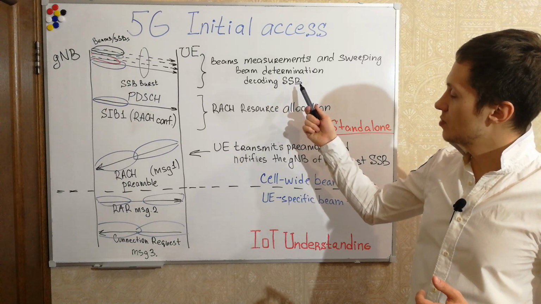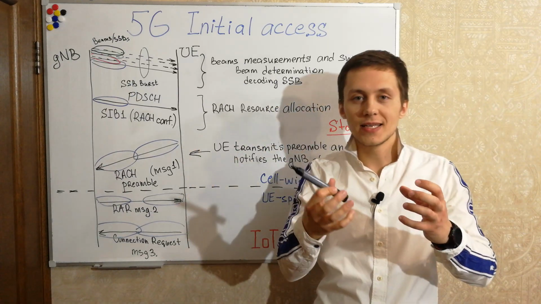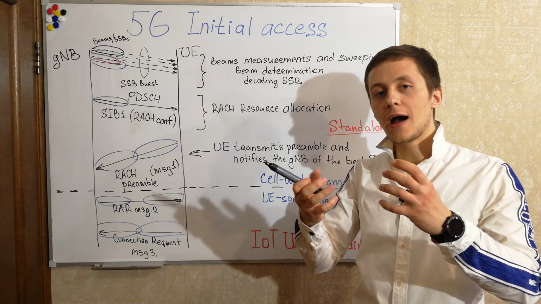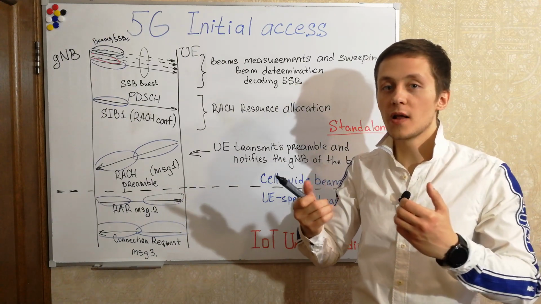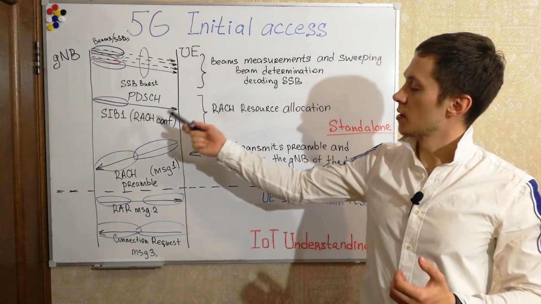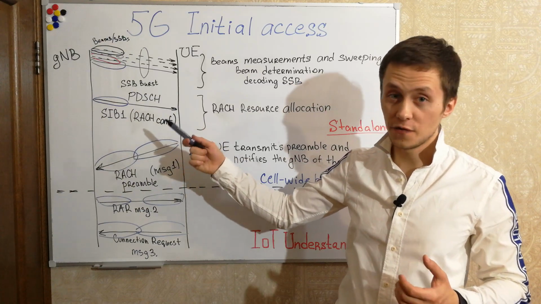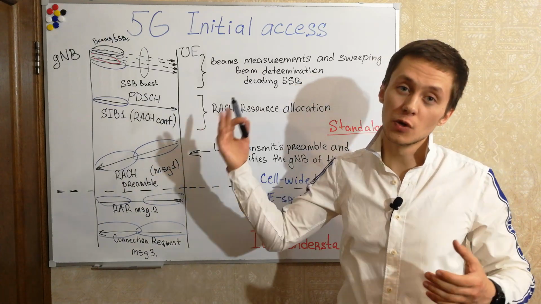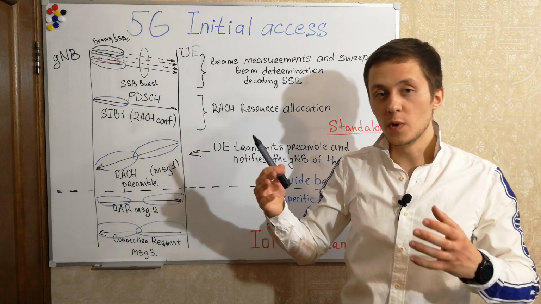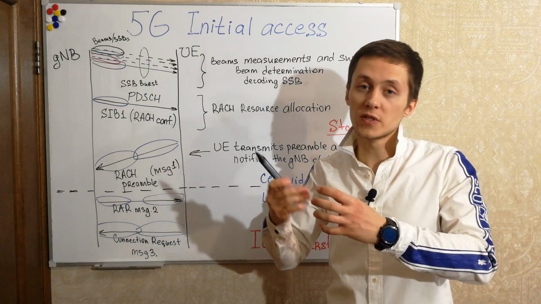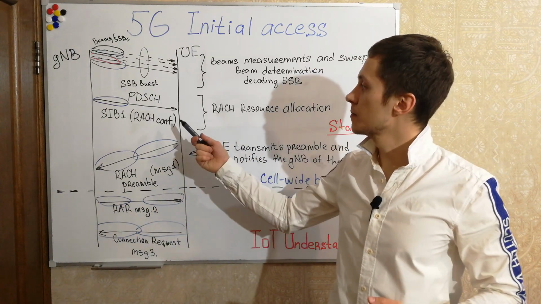By decoding SSB, the UE knows exactly how to receive the SIB1 block with the random access channel configuration that is necessary when the UE wants to send a preamble towards gNB.